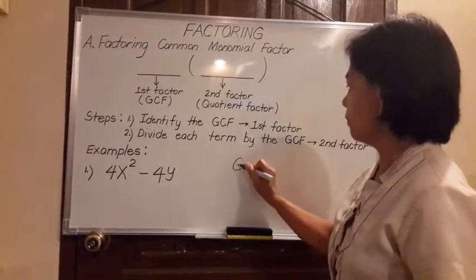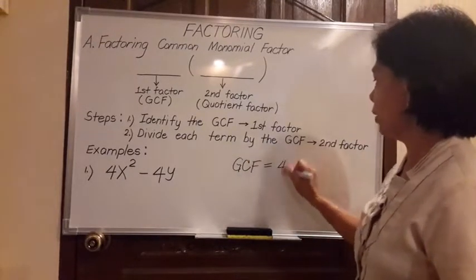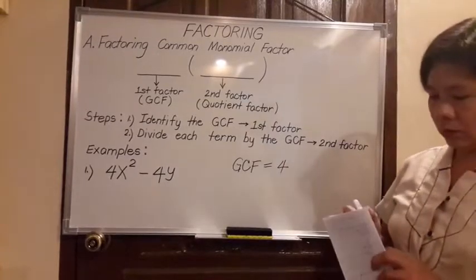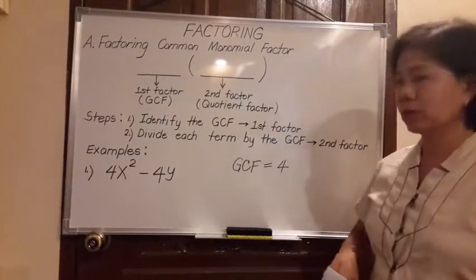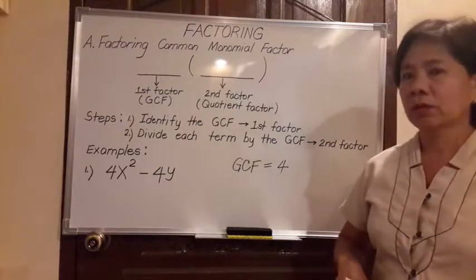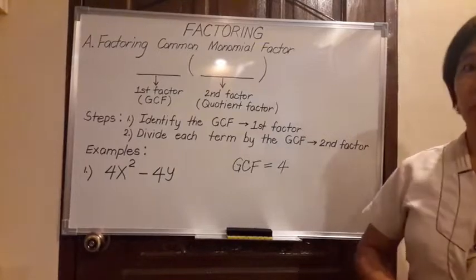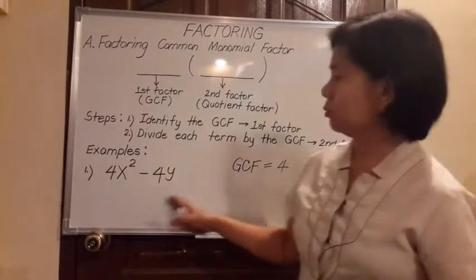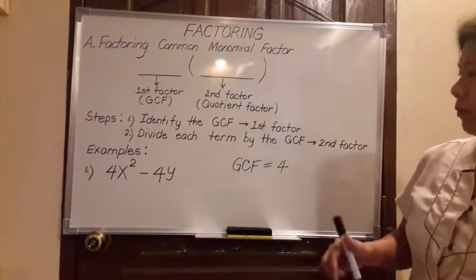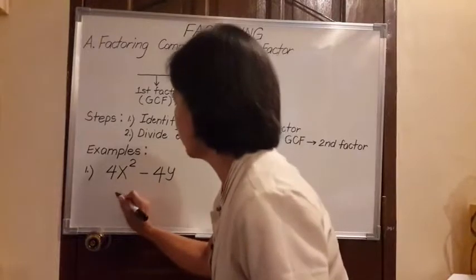So, GCF, or greatest common factor, is understood to be 4. Now, what about the greatest common factor of the variables? Is there a greatest common factor? Okay, definitely no greatest common factor among the variables. So, if the greatest common factor of the two terms is 4, then 4 will be your first factor.